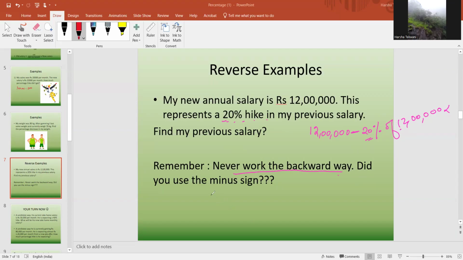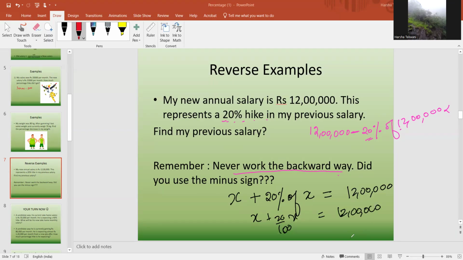Okay. What's the forward way? Let my initial salary be X. On that, a 20% increment happened so as to give me 12 lakh. So when you find the LCM and all, you get 120x by 100 is equal to 12 lakhs.